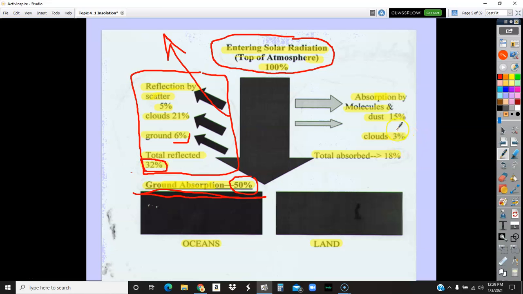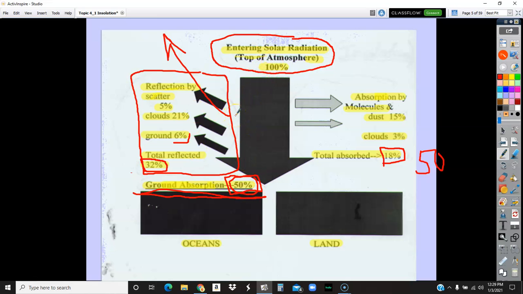So again, clouds, dust particles, things up in the atmosphere, you're looking at 18% gets absorbed, which means it never makes it through the atmosphere. So if you take this 32%, and you add it to that 18%, 32 plus 18 gives you 50%. And that's why on a cloudy day, you're only getting about 50% of the sunlight that actually makes it to Earth. Never gets to the ground. It all gets filtered out by our atmosphere.